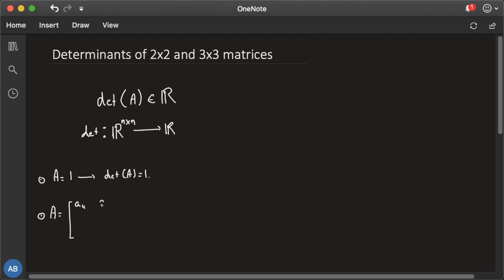So I've got A11, A12, A21, and A22. Now first, what we do is list the products without any sign involvement. You should know that the determinant of an n by n matrix is the sum of all possible products of n elements formed by choosing one element from each row.